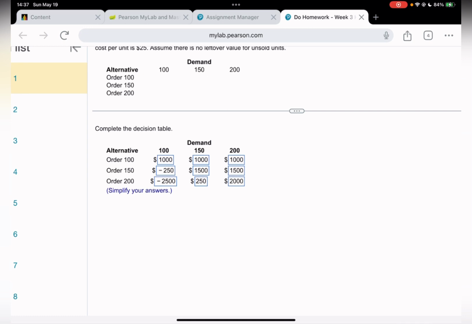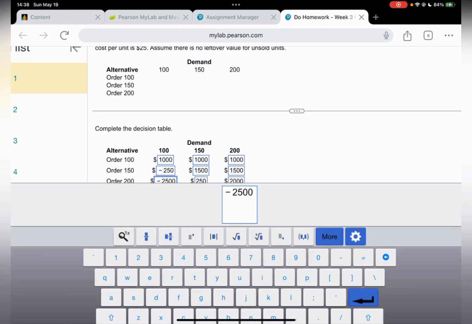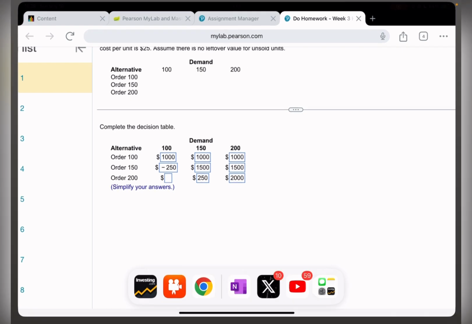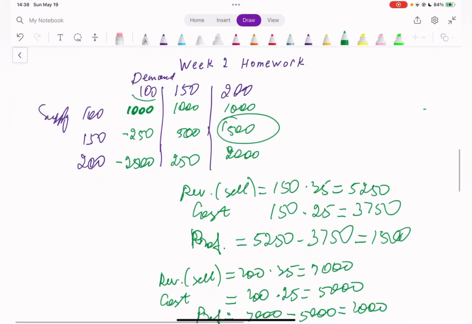I have to go over everything. Let me see, 1,250. Okay, so I'm going to check this order. Negative 2,500. Let me check this one also. Well, the fact that it's going to be negative is certain, but let's check it. So 200 supply, demand 100. Okay, let's go back. It was somewhere here.